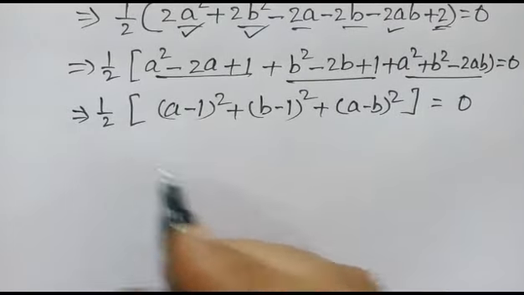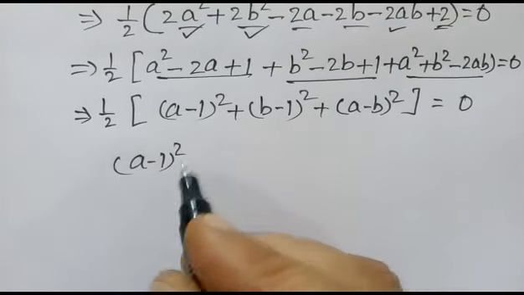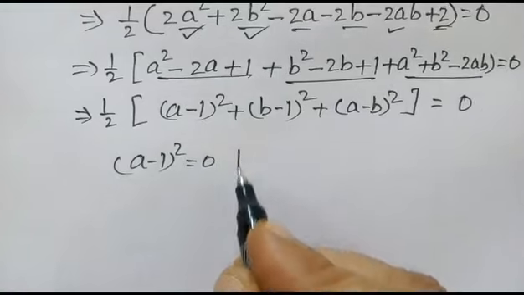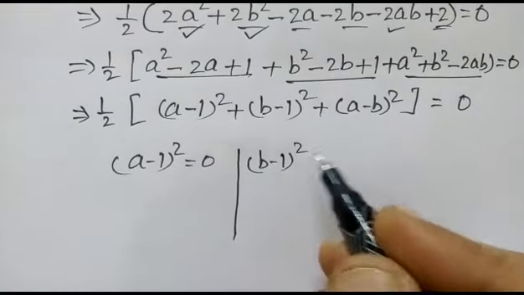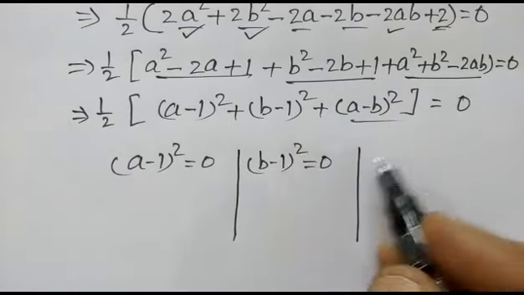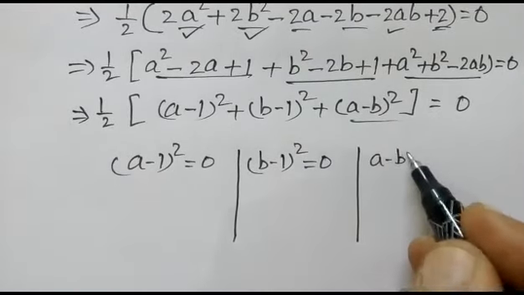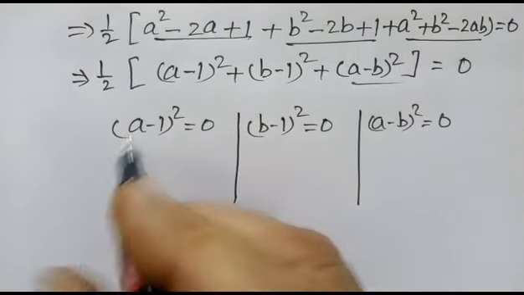Now we have three cases. First, a minus 1 whole square is equal to 0 and b minus 1 whole square is equal to 0 and a minus b whole square is equal to 0, right?